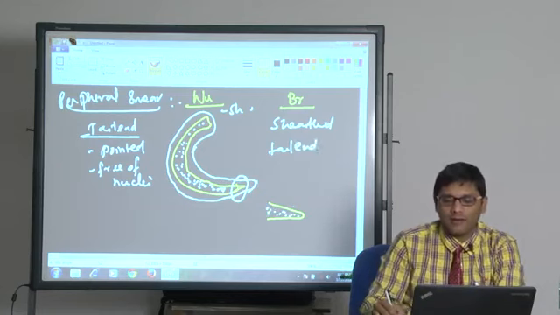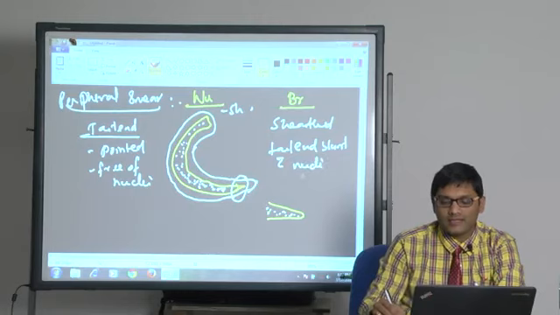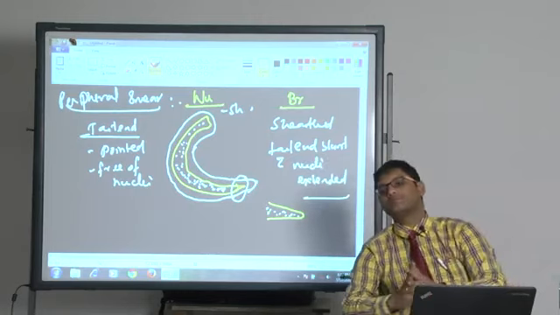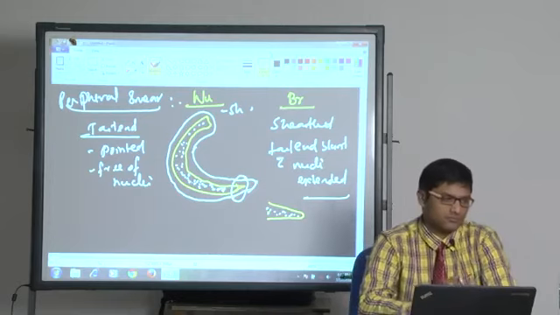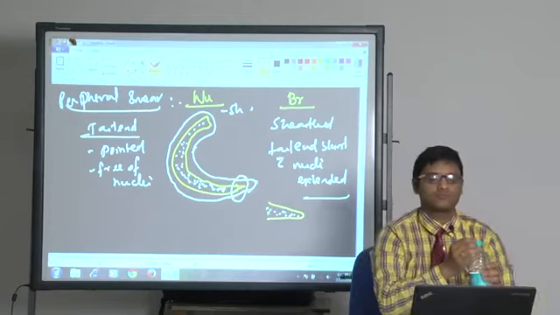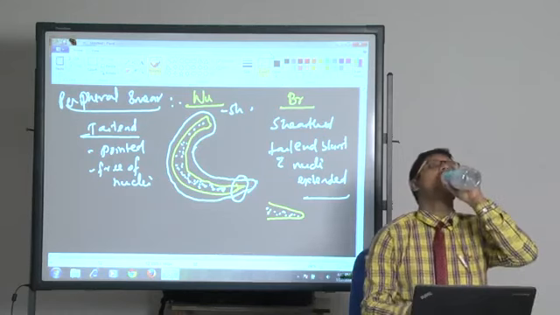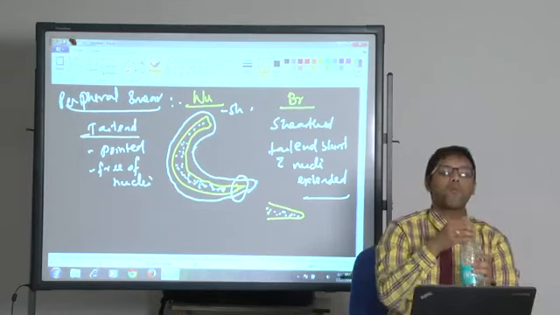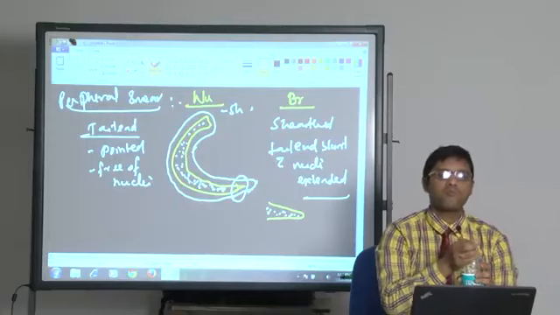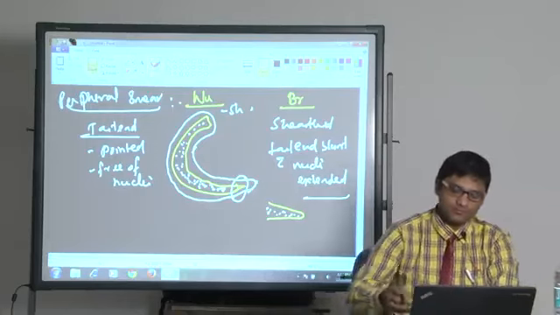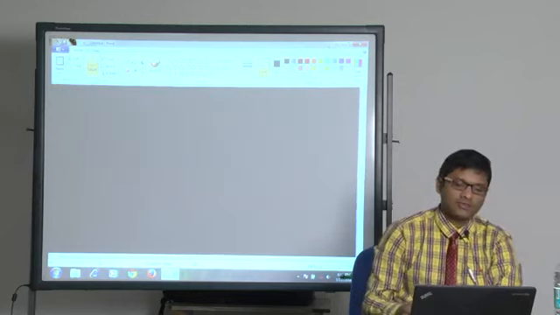Tail end is blunt with nuclei extended till the tail tip. Okay. So this is how you can differentiate.